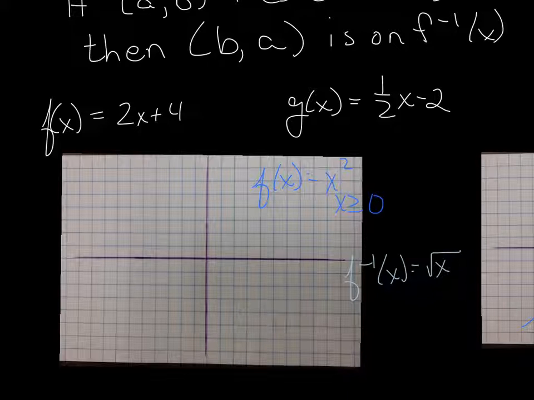If we're looking at x squared for x greater than or equal to 0, we have the point 0, 0, the point 1, 1, and the point 2, 4. I don't have enough room for 3, 9, but this is the graph for f of x equals x squared for x greater than or equal to 0.